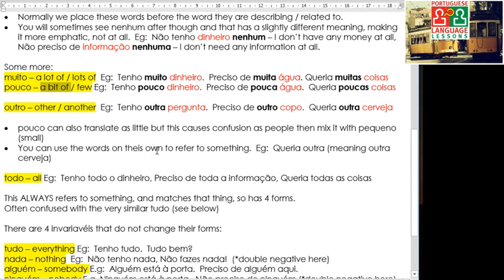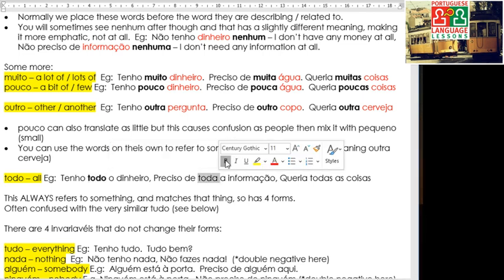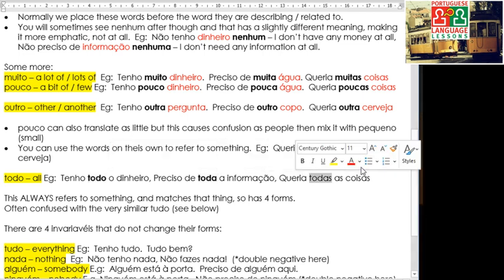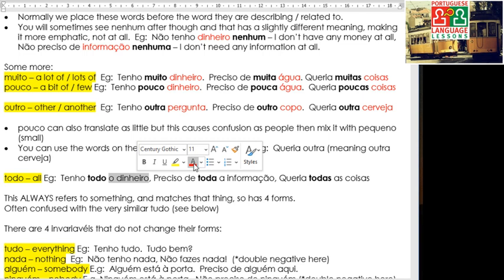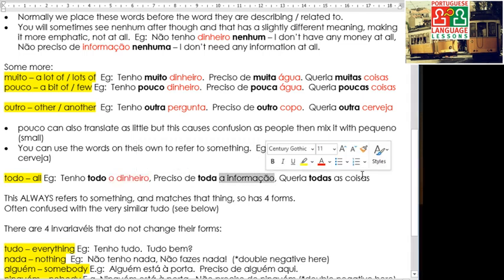Another one, todo, meaning all. Tenho todo o dinheiro. Preciso de toda a informação. Queria todas as coisas. Okay, so here we've got the word and it can change, matching up to the thing. This time we tend to put o or a before the thing, or the, exactly how we do in English.